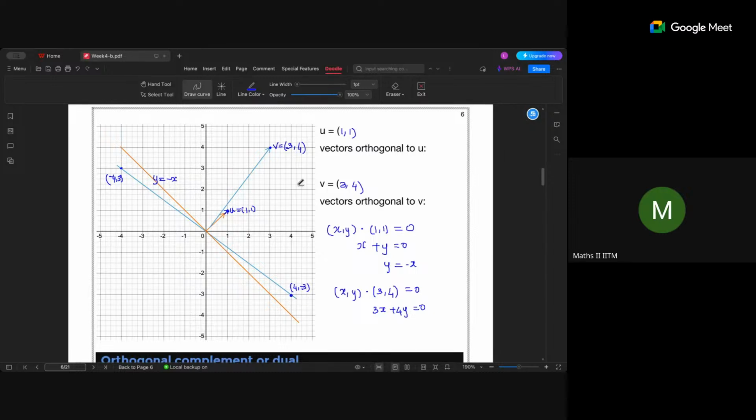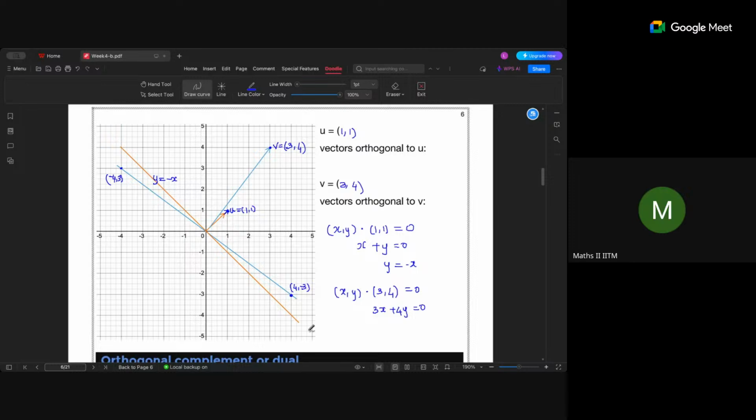Now I am taking any vector in R2. What is going to be the set of all vectors orthogonal to v? It is going to be some straight line which passes through the origin. So you take any vector, then the set of all vectors which are orthogonal to that vector forms a straight line.